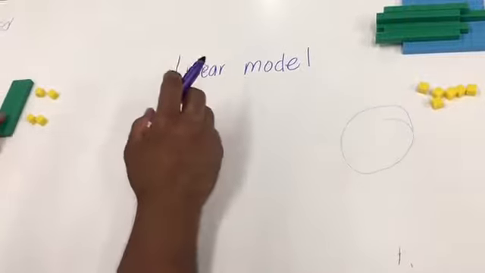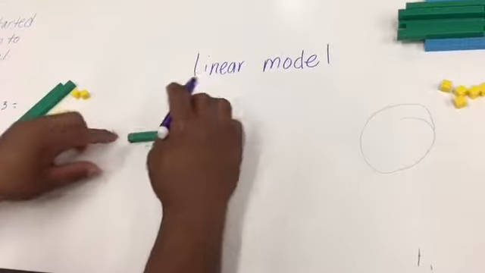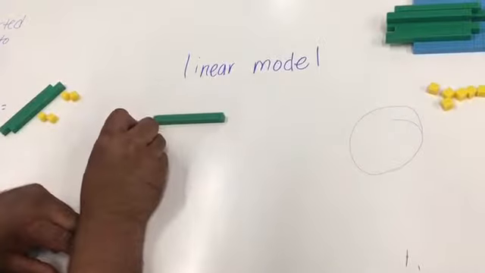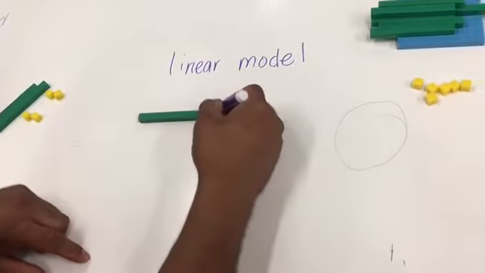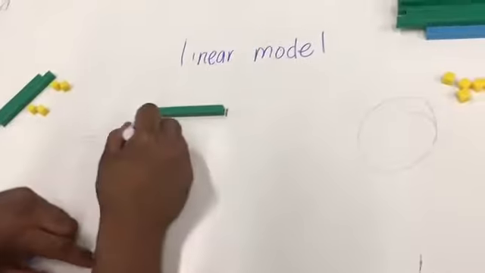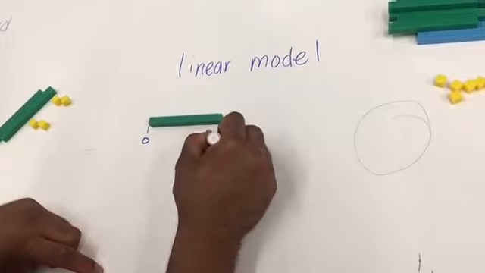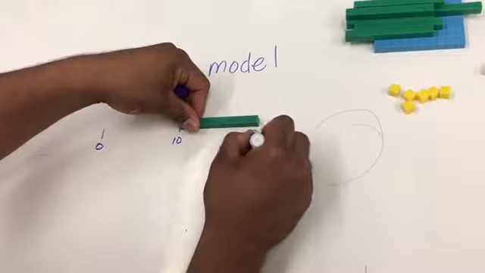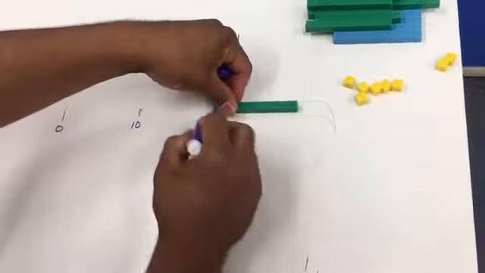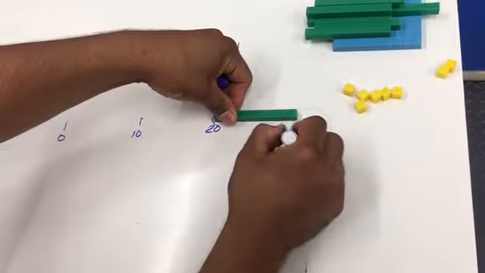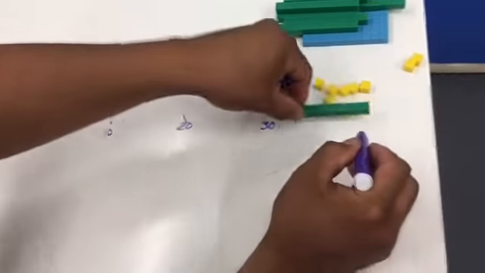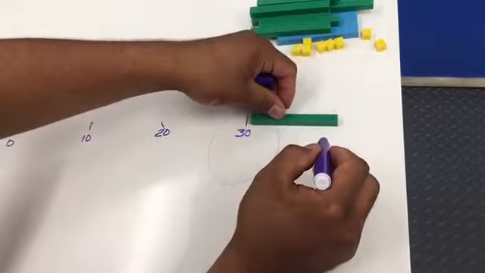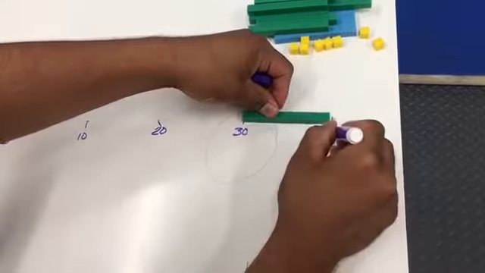When you do the linear model, you wanna be really accurate with the length. So I'm gonna use my base 10 blocks as a guide. So that's 0, 10, 20, 30, 40.